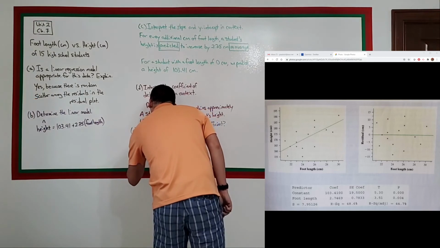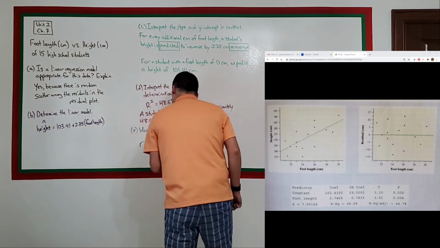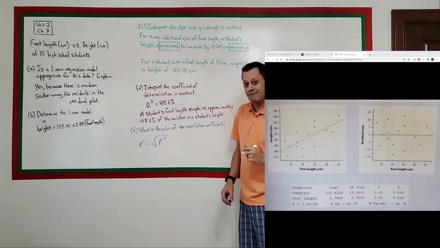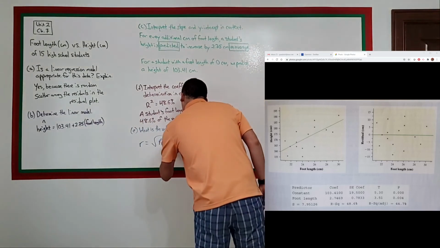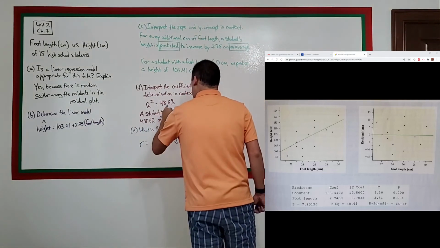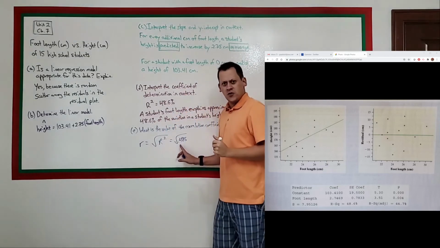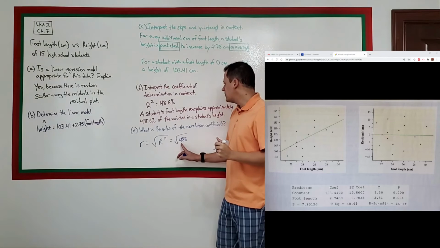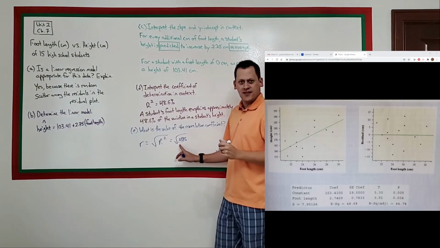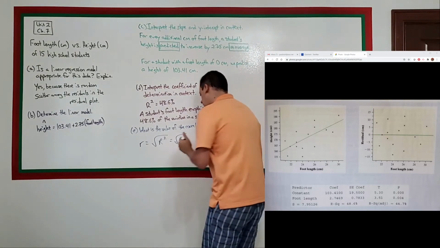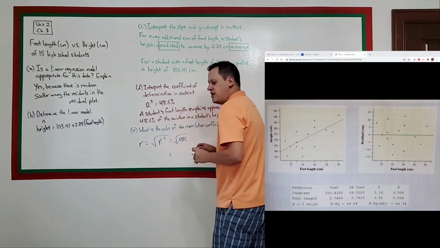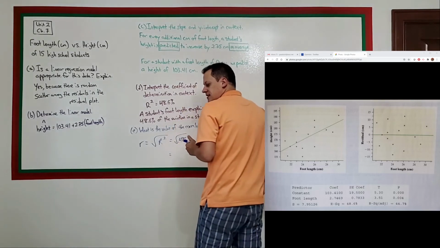So r is equal to the square root of r squared. So that's going to be the square root of 0.486. Remember to turn that back into a decimal before you take the square root. If you do 48.6 here, that's going to be a bad time. So that's going to be 0.697.